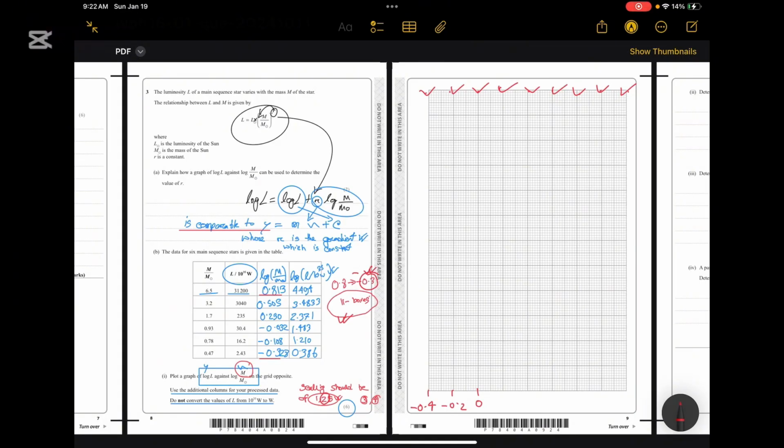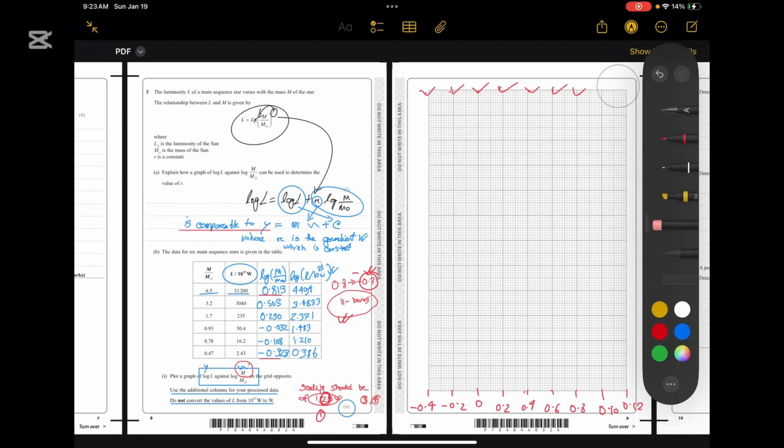So we are within the range, greater than minus 0.3, and on the positive side, here it is 0.2, 0.4, 0.6, 0.8, and here comes 1.0, 1.2. So yes, we are within the range as we have taken a scaling of 2. We couldn't have taken a scaling of 1 because it doesn't have that many boxes.